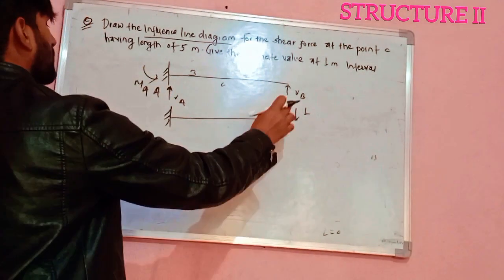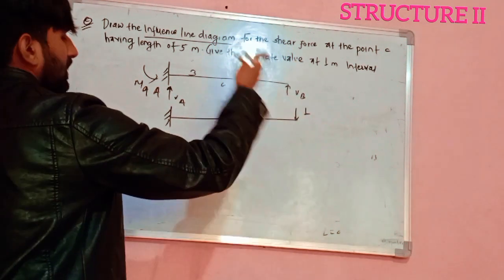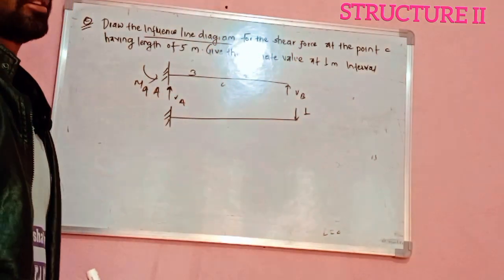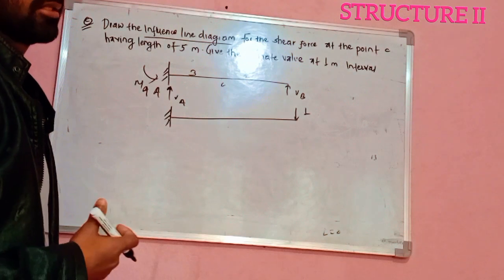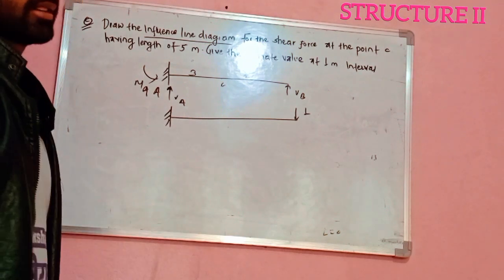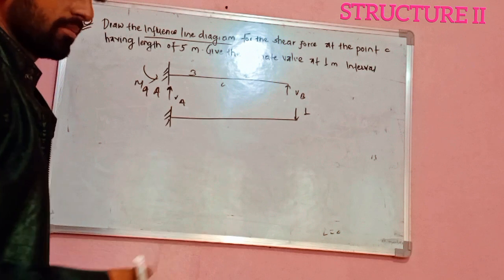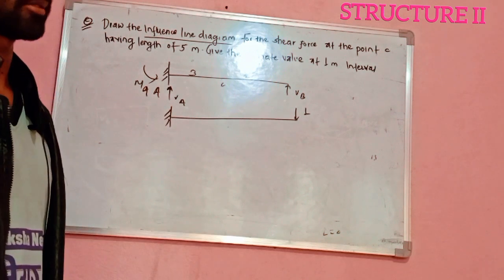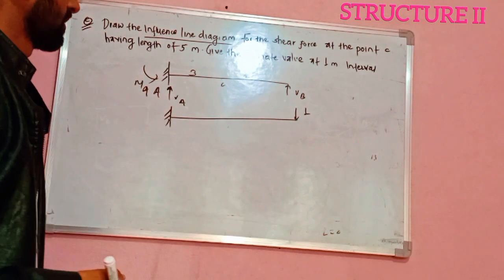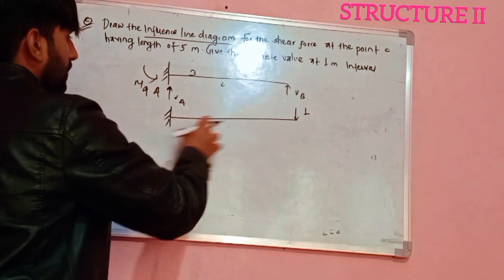You have to place a unit load here. You can place it upward as well. It does not matter; the only thing is you'll get the answer positive or negative if you interchange the load pattern. And why have I written 1 here?